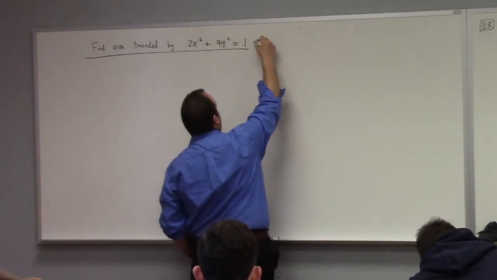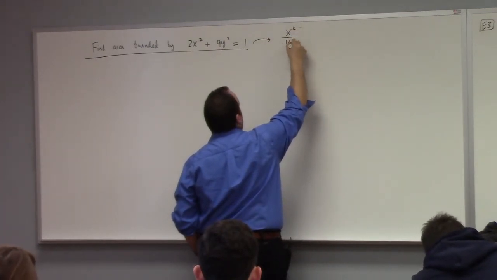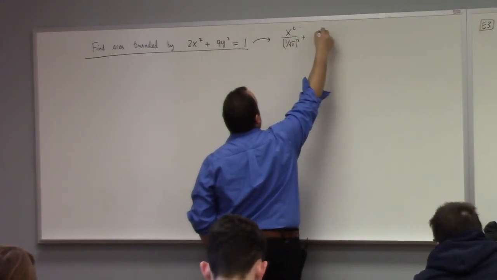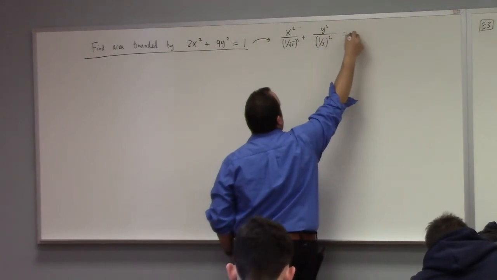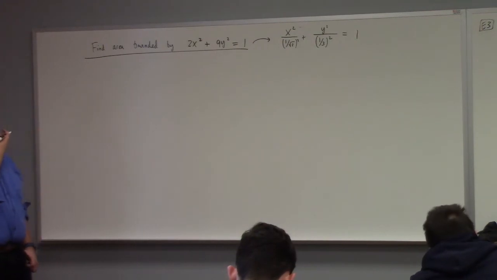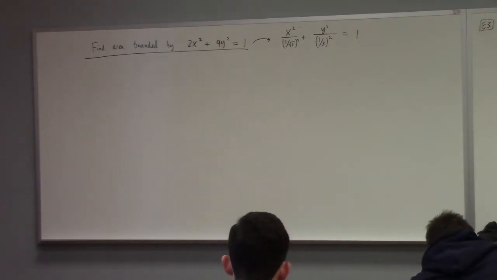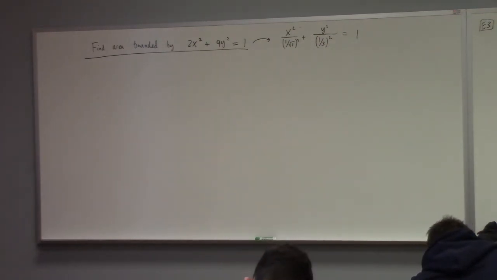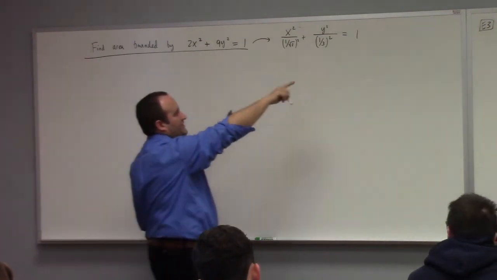If you put this into the usual standard form, it would look like this. So this is a what? It's an ellipse, right? With what I usually call a equal to 1 over root 3 and b equal to 1/3 here. Yeah? And so this is just to put it in standard form.